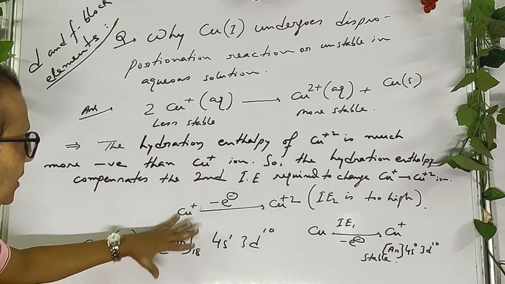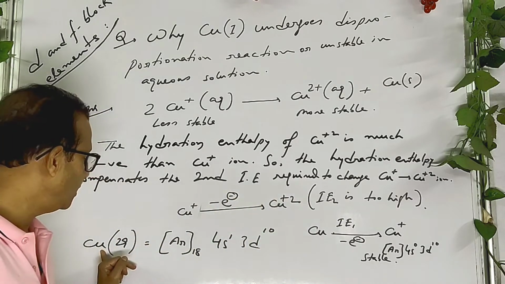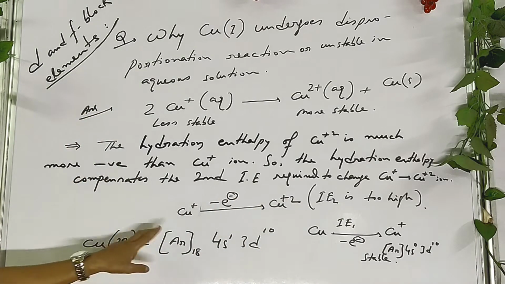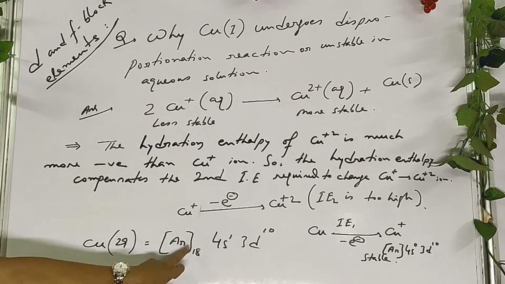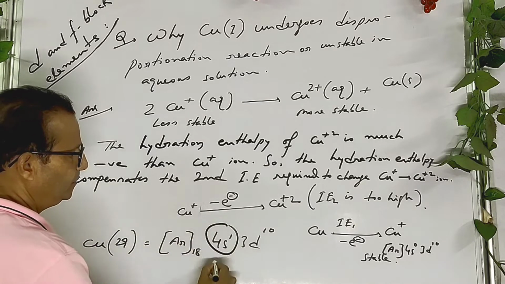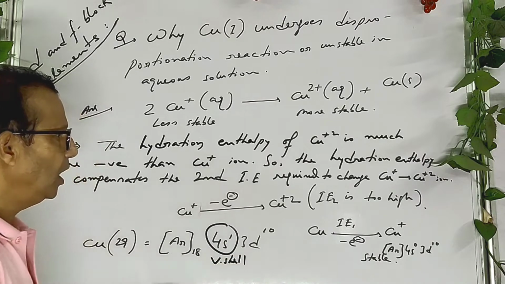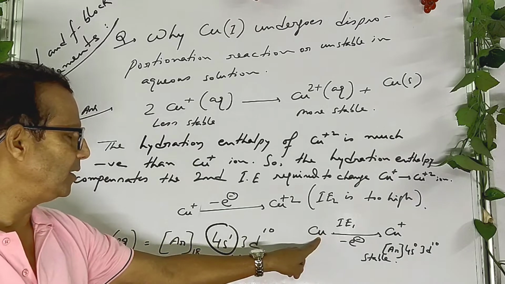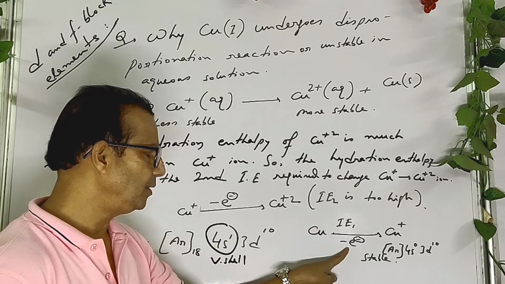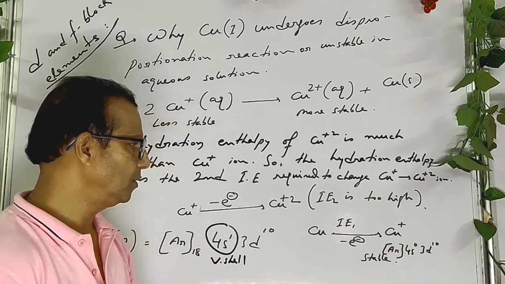Actually, listen from here. This is copper. It has atomic number 29. Electronic configuration argon 4s1 3d10. So this is the valence shell. Now when copper releases one electron, it becomes copper positive ion.